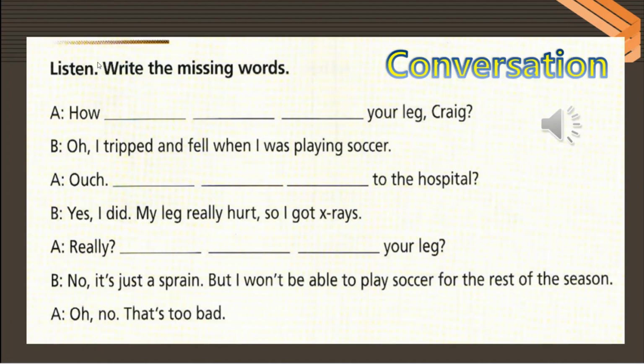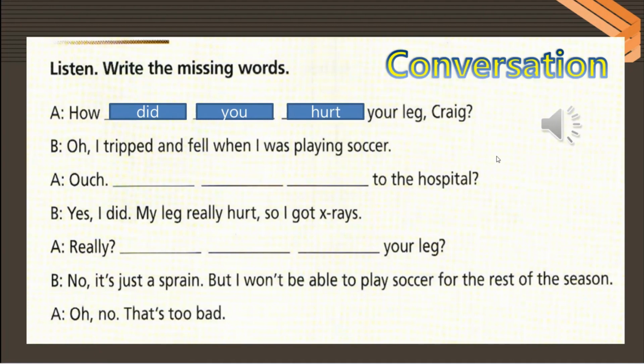Okay, students, now from this conversation, you are going to put the correct answers. You have to put the words that are missing. From the first, try to complete the question. The words are, how did you hurt your leg?